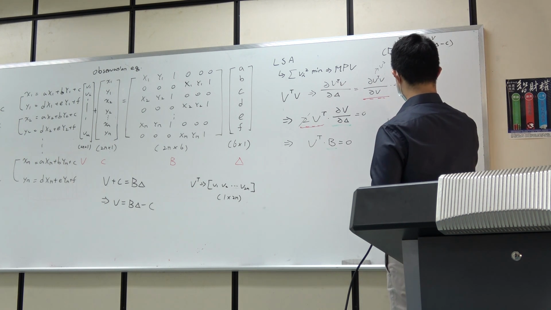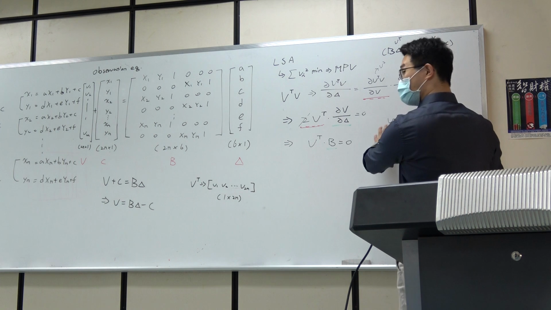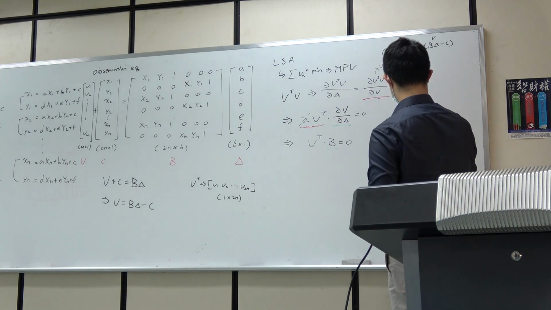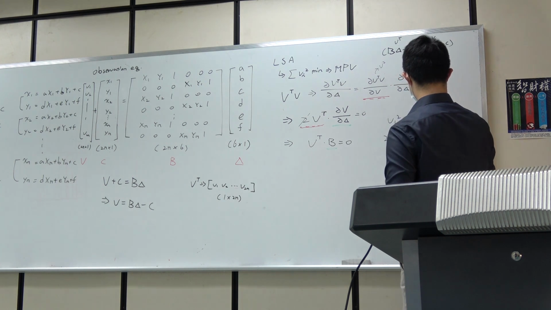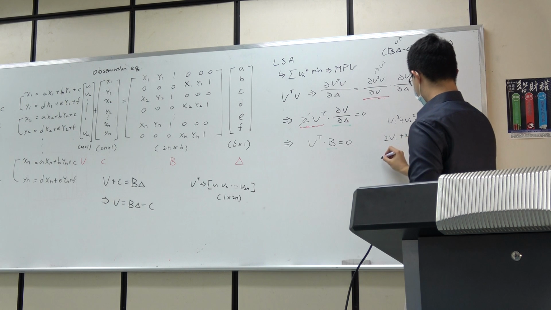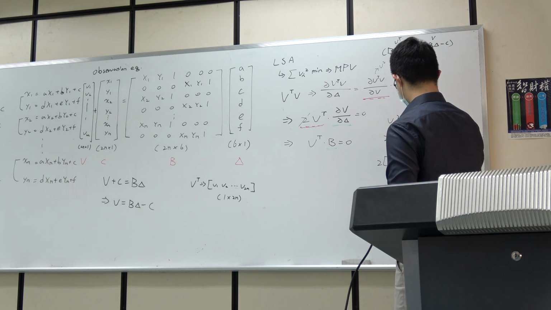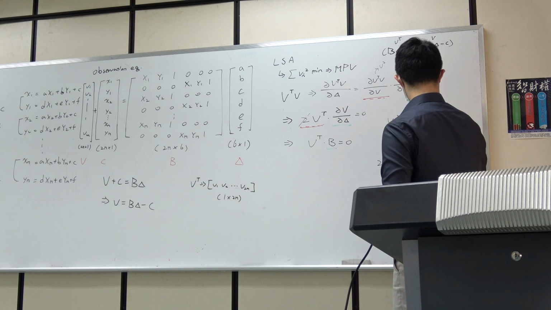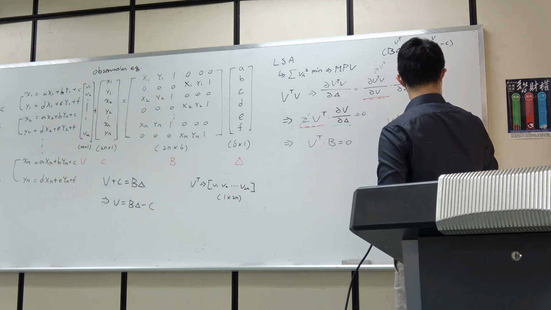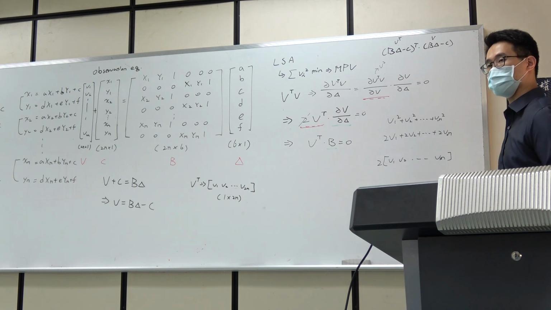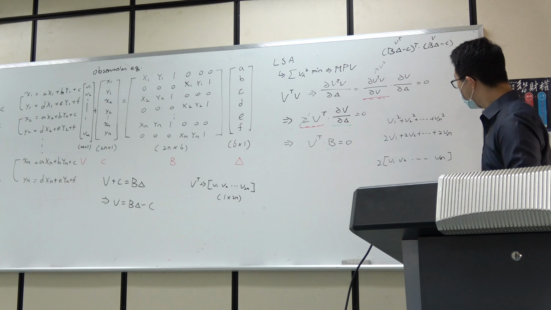Which means that we are taking the derivative with respect to each of the b. So it should be 2b1, 2b2, up to 2bn. So this will be 2 times b1, b2, up to bn. Okay, b transpose.